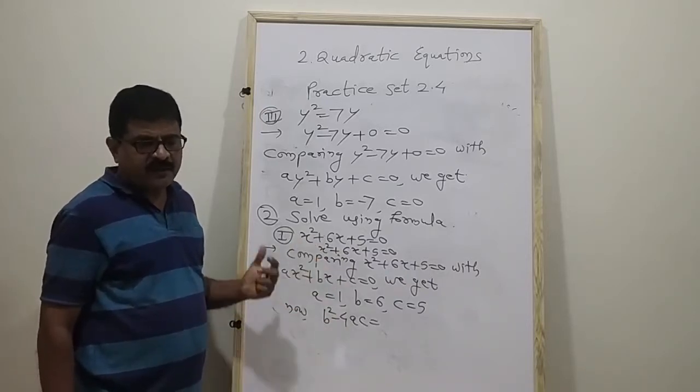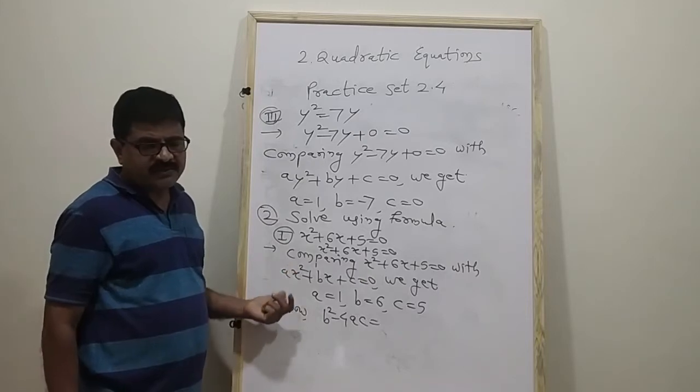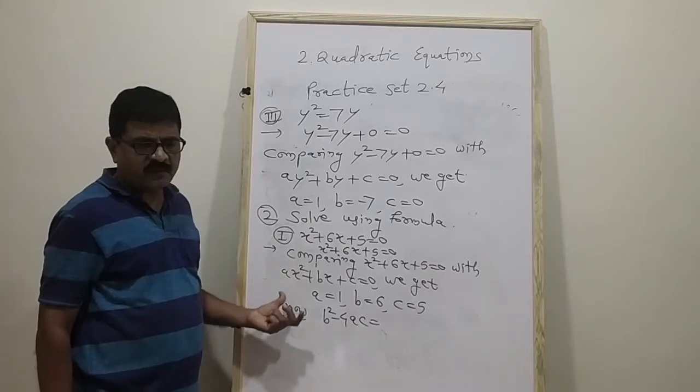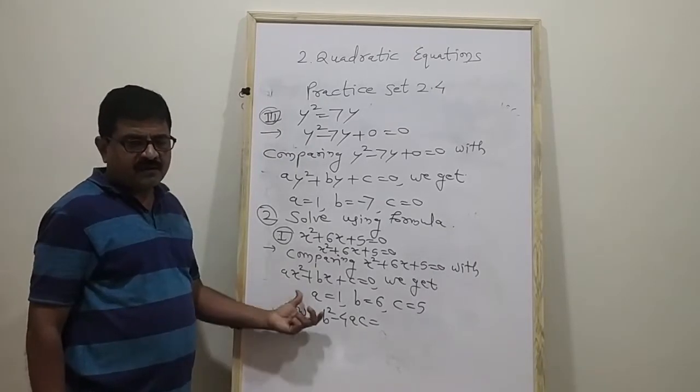And third step, by using the formula x is equal to minus b plus or minus square root of b square minus 4ac upon 2a, find the roots.